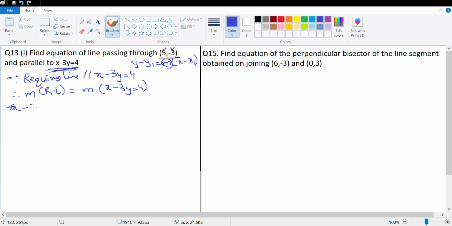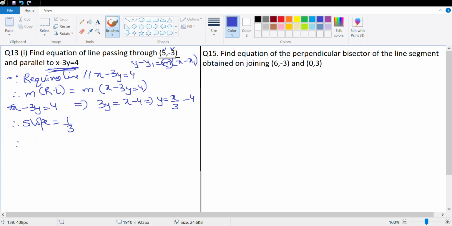So x minus 3y is equal to 4 means 3y is equal to x minus 4, which means y is equal to x by 3 minus 4 by 3. Therefore, the slope is equal to 1 upon 3. So that's the slope of the required line.